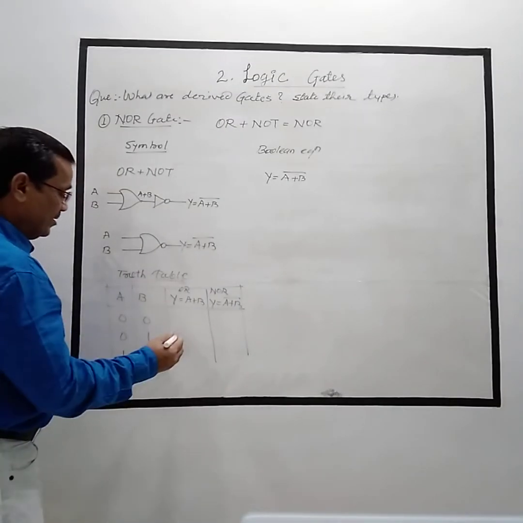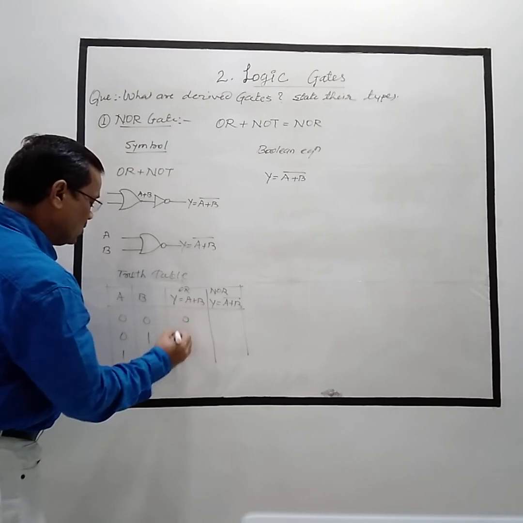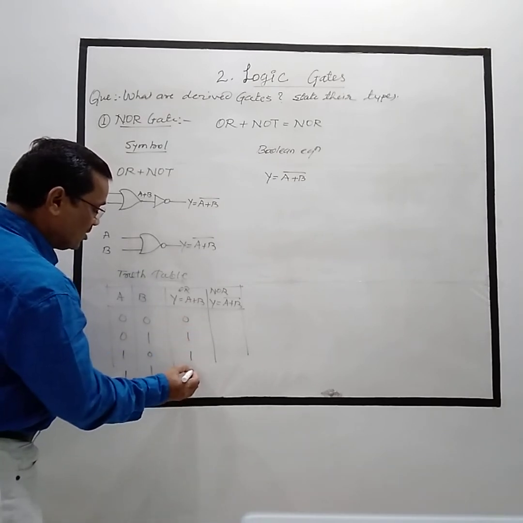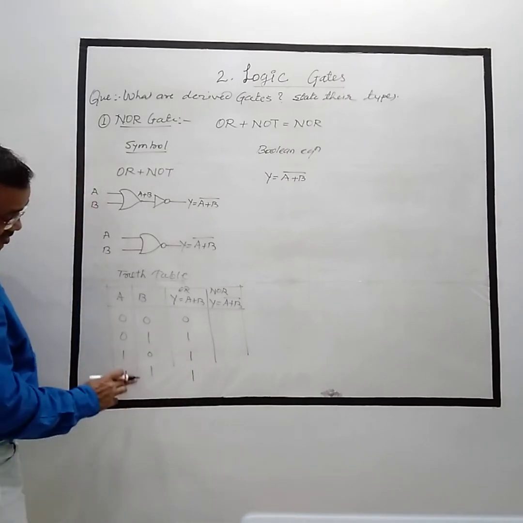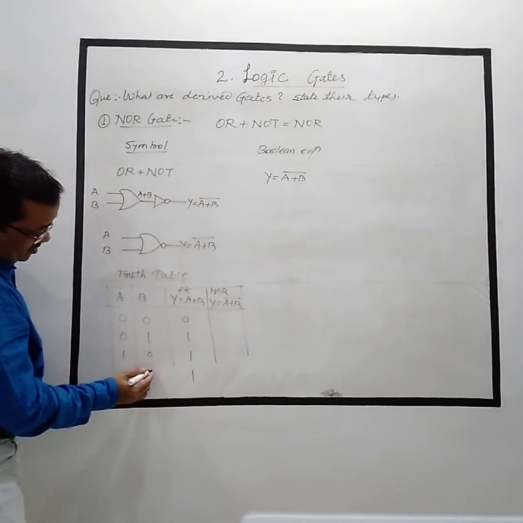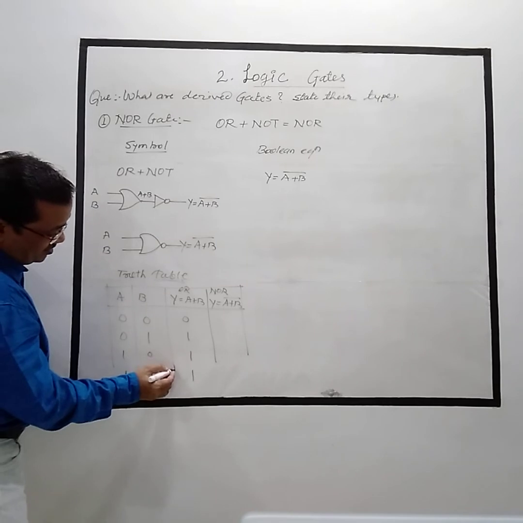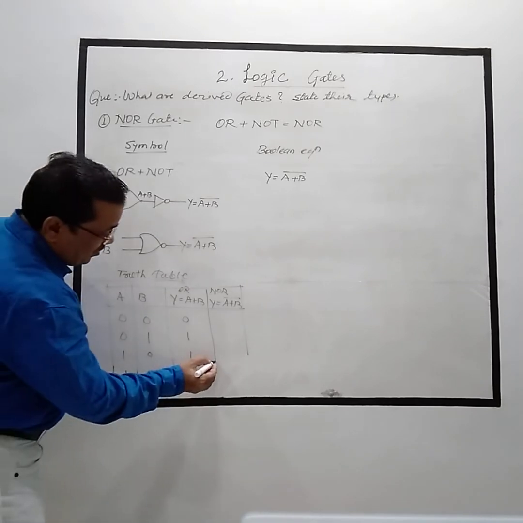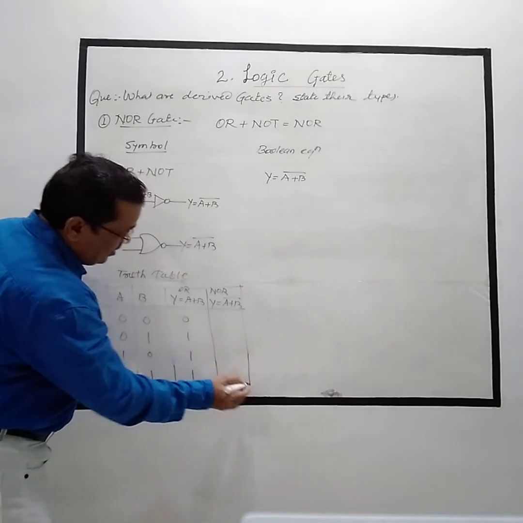Now OR gate: 0 plus 0 is 0, 0 plus 1 is 1, 1 plus 0 is 1, and 1 plus 1 is again 1. So this is the output for OR gate. We require the output for NOR gate.